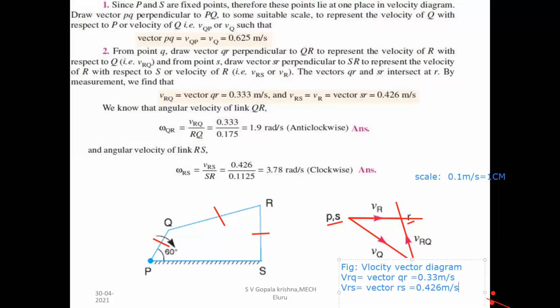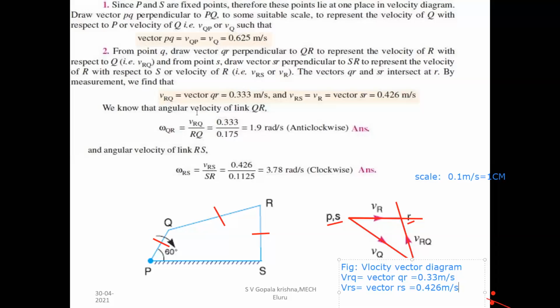In this, you have to find the angular velocity of QR, that is, the omega QR value. We have the relation between angular velocity and linear velocity, V equals omega R. From that, omega QR equals V by R, that is, VRQ by RQ.